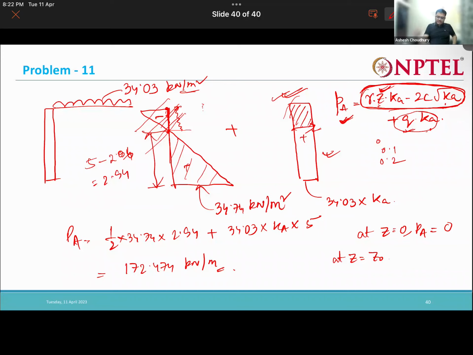Okay, so this part you understood, I guess. Because of the QC, if I ignore this portion, my changed equation for PA at any point will be this one, not this plus this. This will give the PA for this plus this plus this. So at any point, if you calculate, you will see that just this part is taken, up to the depth Z, not only the effect of our surcharge.